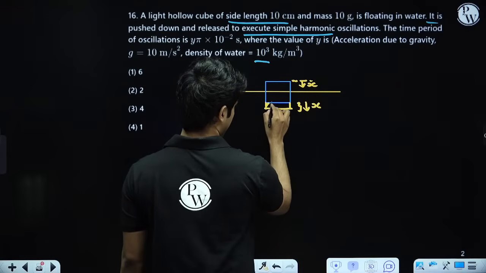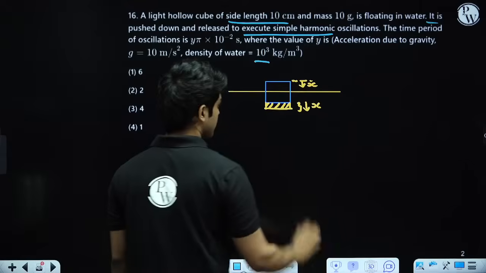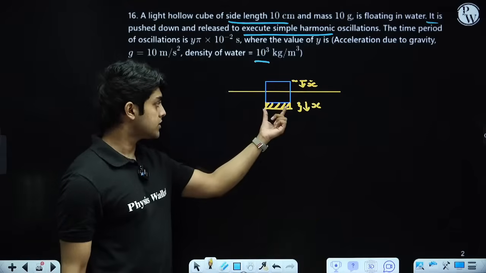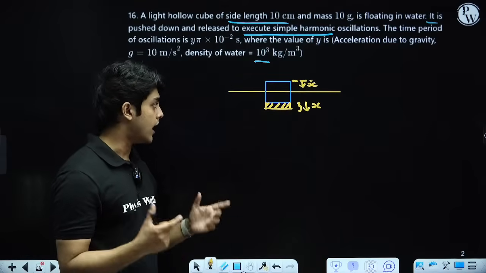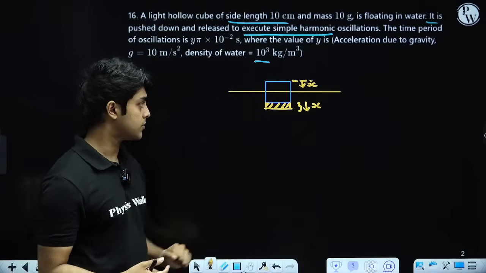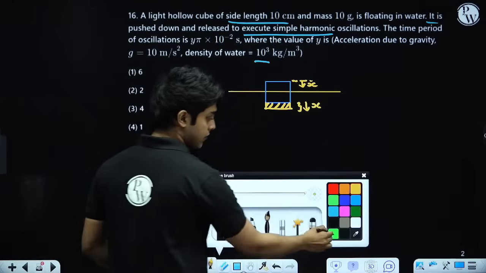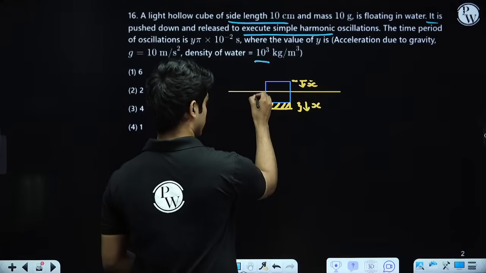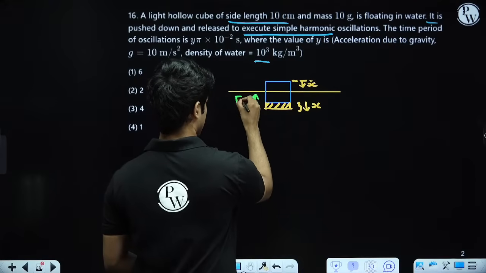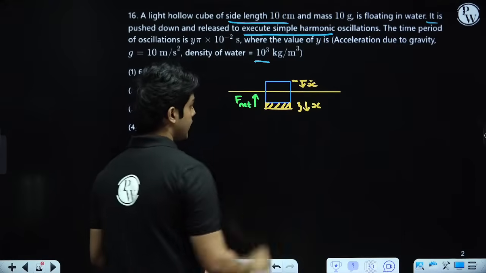So there is some additional volume submerged. This additional submerged volume will generate an additional buoyant force upwards, which means we will have a net upward force. Why a net upward force?